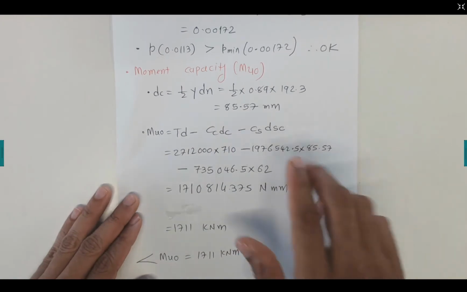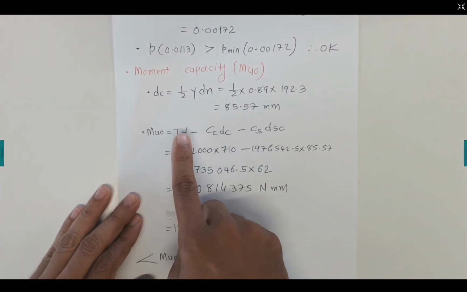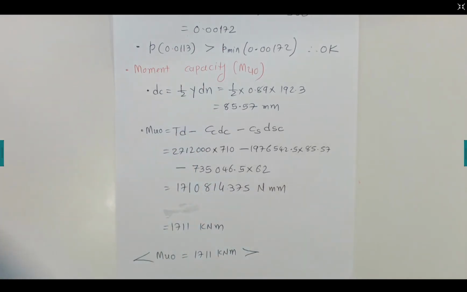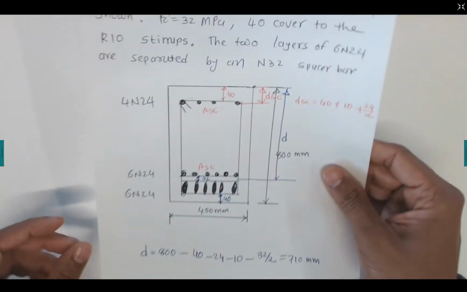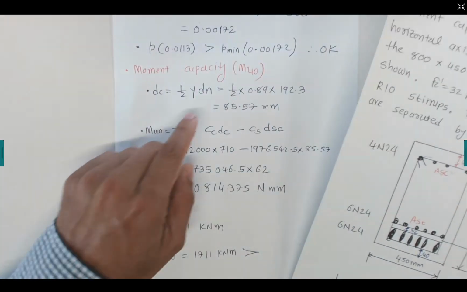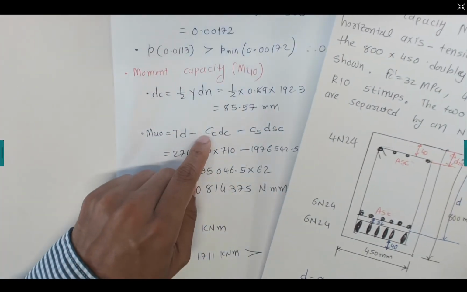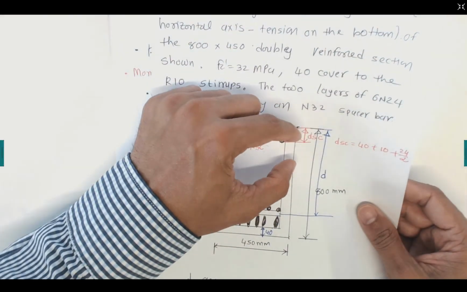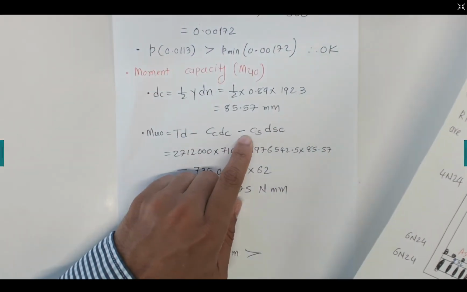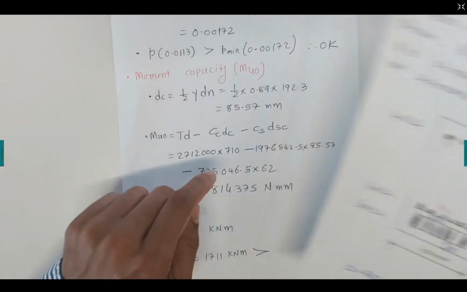From that we can calculate the moment capacity. Moment capacity is the tension force times d, minus the compression force in the concrete times the distance dc, minus the compression force in the top reinforcement times dsc.